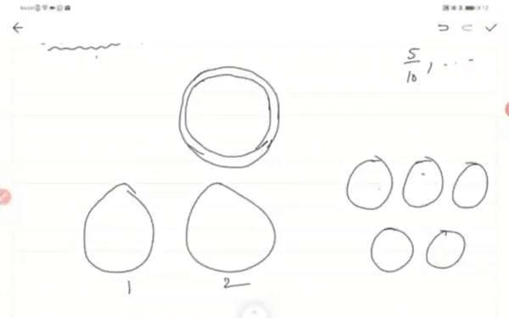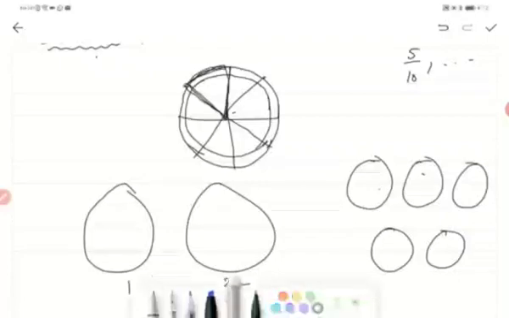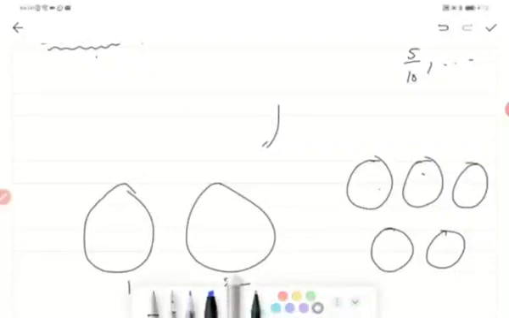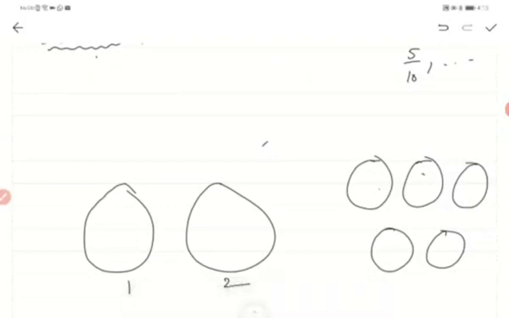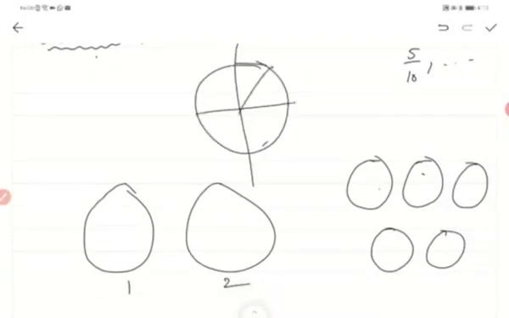Now, how do you represent this if you have a pizza? How many pieces will you have in one pizza? Every time you will have 8 pieces, isn't it? So if I eat one part, how do you represent this one part of the pizza? Let me draw this. I have a pizza, and it is divided into 8 pieces.